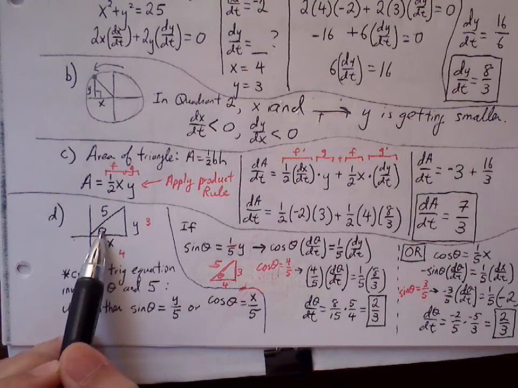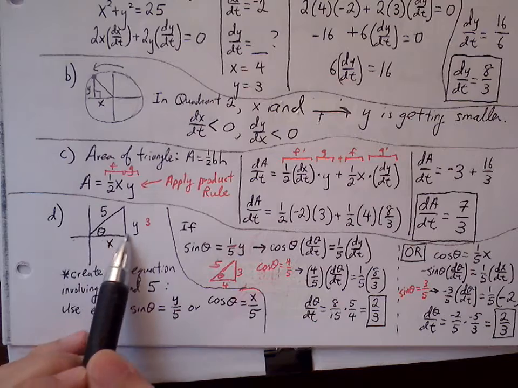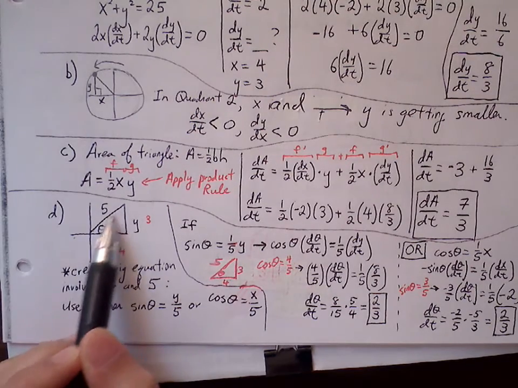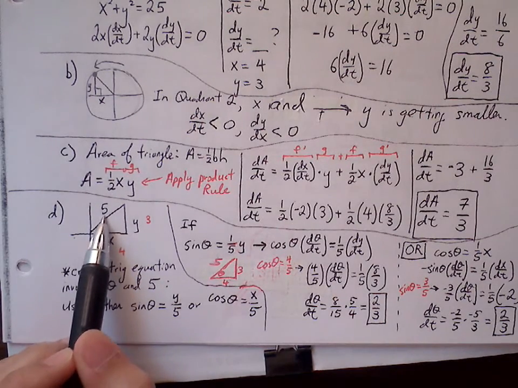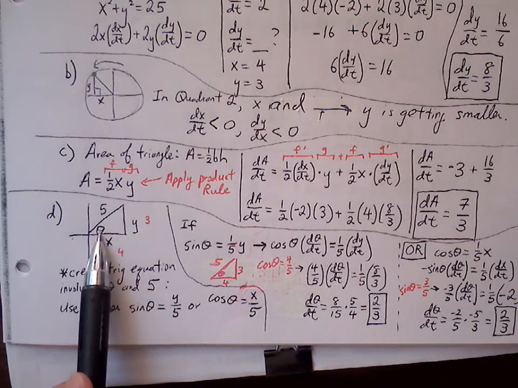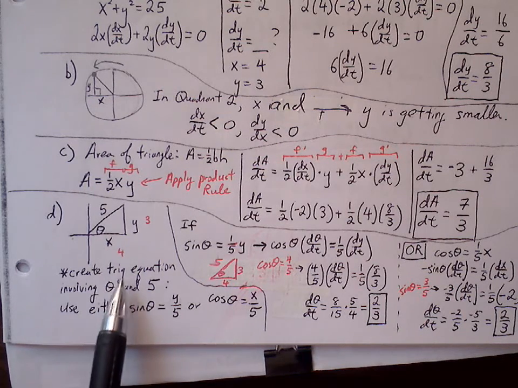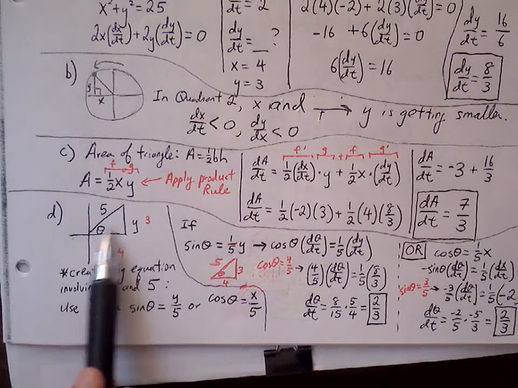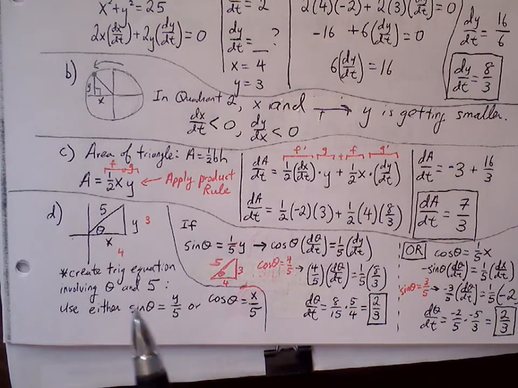As theta is changing, x and y are also changing, but the radius is going to remain at 5, so we can let that be a constant. So we're going to have to find d theta/dt. That's our goal. So anytime we're involving a rate of change of an angle measure, we have to create a trig equation using either sine, cosine, or tangent.